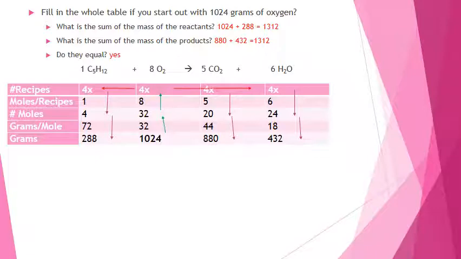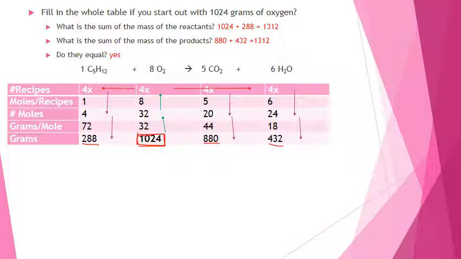Right, in this problem, you're going to start out with 1024 grams of oxygen. And what I want to do is find out how many grams of everything else I'm going to have or need. Okay, so first of all, you need to find out how many recipes this will make. So you have to figure out how many moles. So each mole is 32 grams.